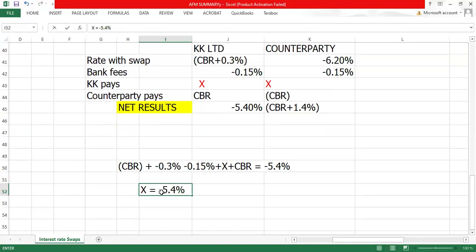The other figure was negative; when it crosses the equal sign, it becomes a positive, isn't it? So you get plus 0.45. So what do you get? This will be negative 4.95.